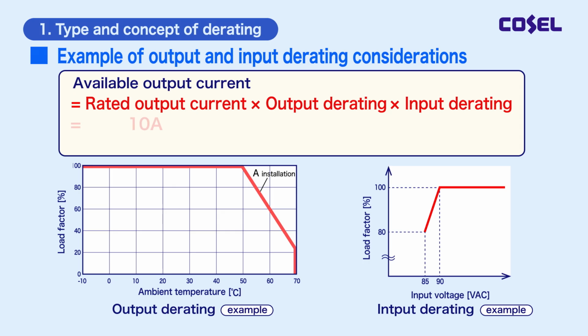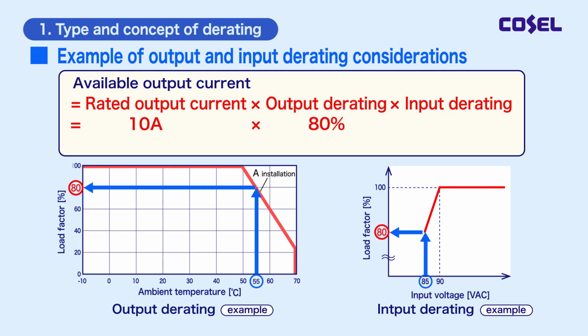For example, if a power supply with a rated current of 10 amperes is used with natural air cooling in the A installation configuration, the output derating is 80% at an ambient temperature of 55 degrees Celsius. When using an input voltage of 85 VAC, the available output current is 6.4 amperes because the input derating is 80%.